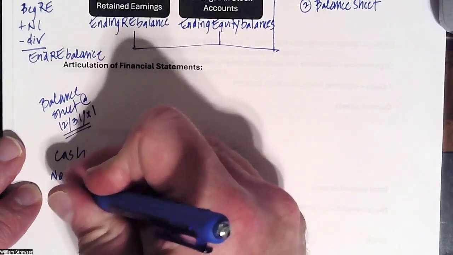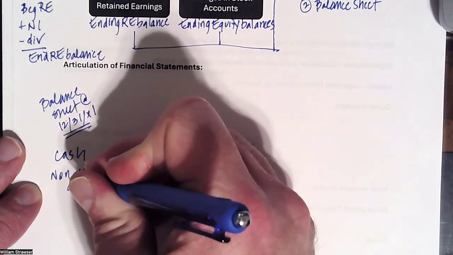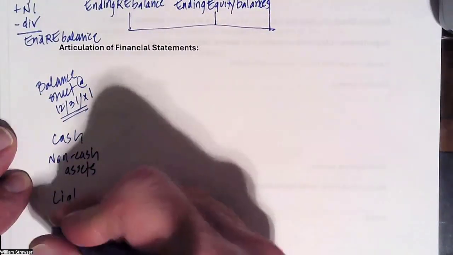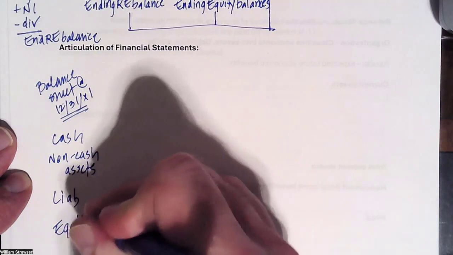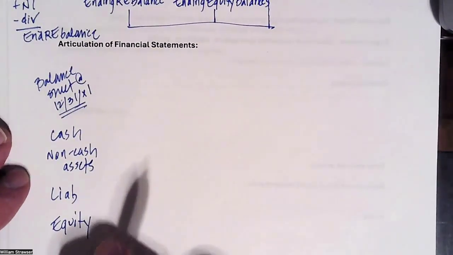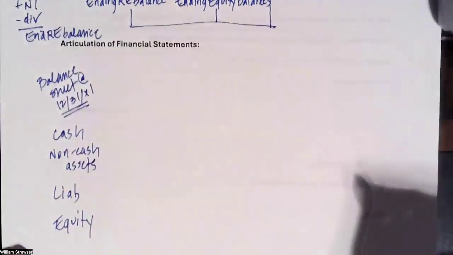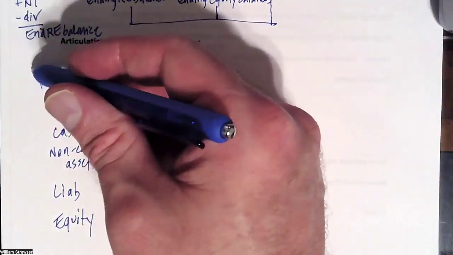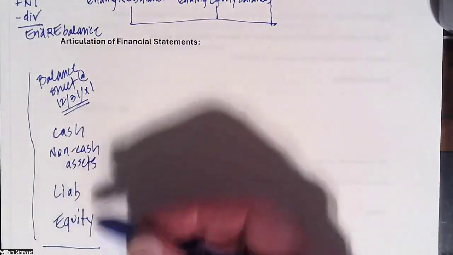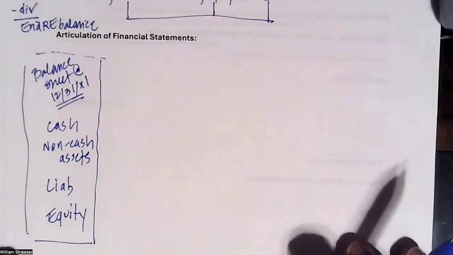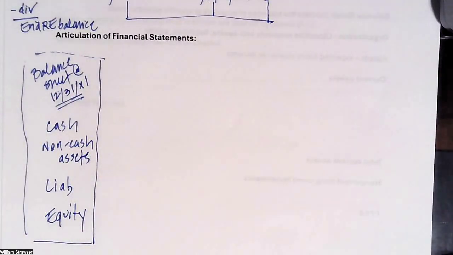I'm not going to record every single item that could be an asset. We have some liabilities and we have equity, right? All of these balance sheet balances are the opening balances of our T account at 12/31 X1. All right, so that's the state of affairs at the end of the prior period. And that's the state of affairs as we go into the next year.